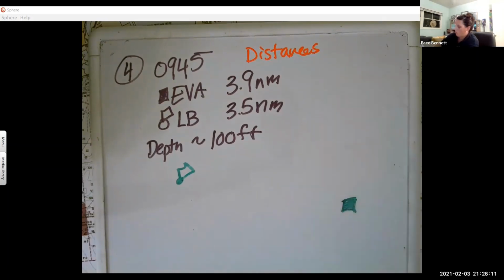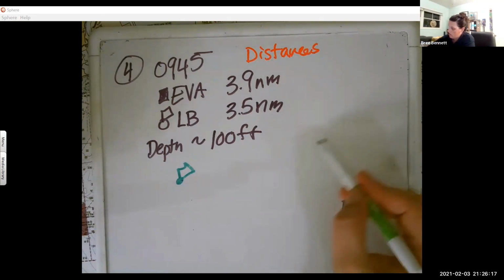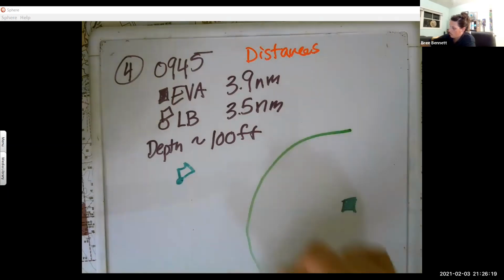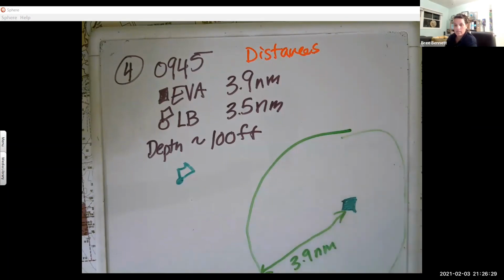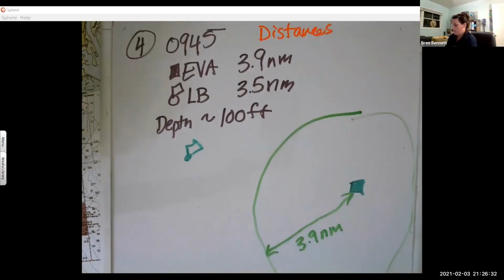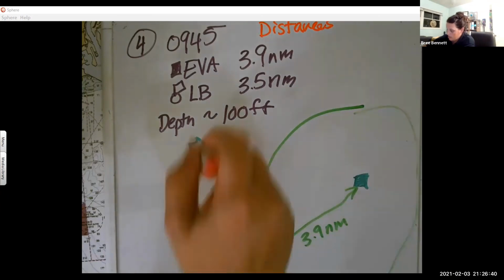So I'm gonna get 3.9 on my tool and then create a circle at this distance, 3.9 nautical miles. Then I'm going to get 3.5 nautical miles.